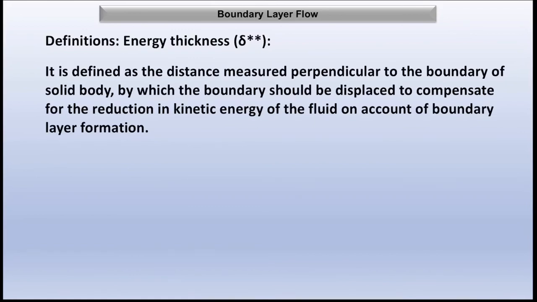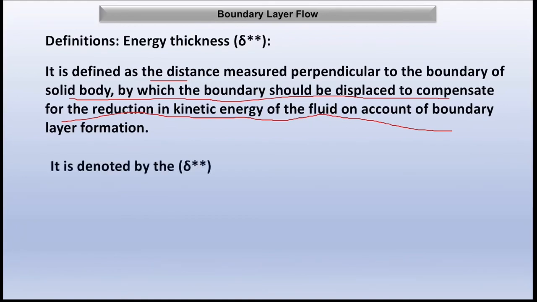The definition says the same thing: the distance measured perpendicular to the boundary of the solid layer by which the boundary should be displaced to compensate for the reduction in the kinetic energy of the fluid on account of boundary layer formation, and this is denoted by delta double star.